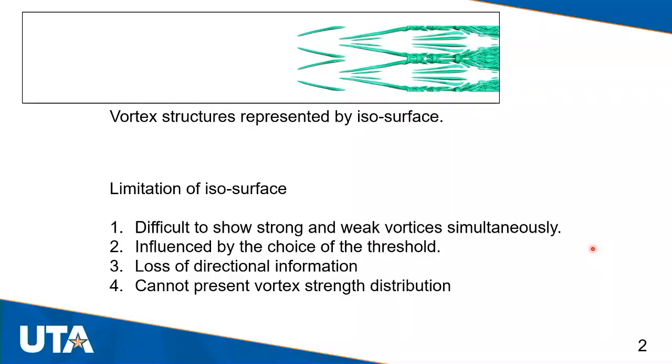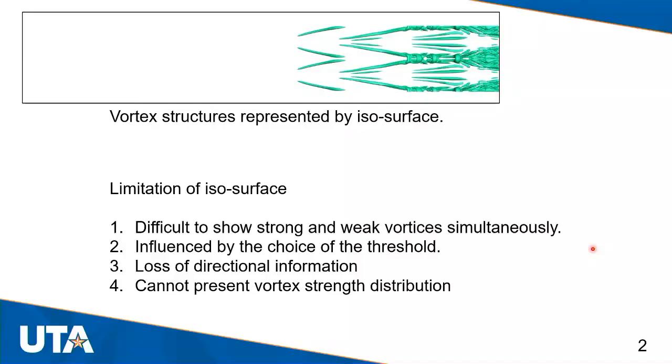And the last limitation is that the isosurface does not tell you how the vortex strength changes. Maybe you can tell the vortex strength for this simple vortex, because you may say that here the vortex strength is stronger because it's thicker, right?